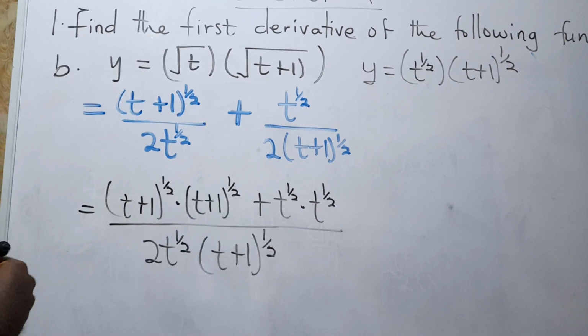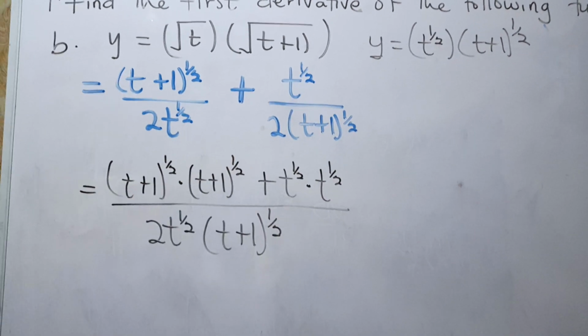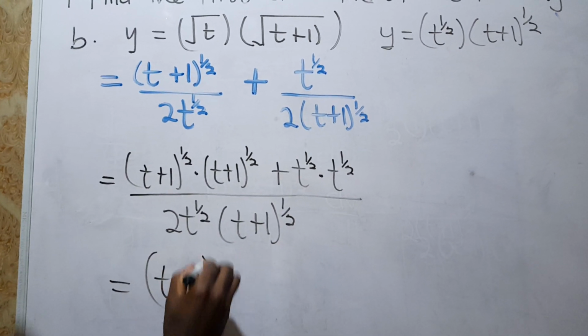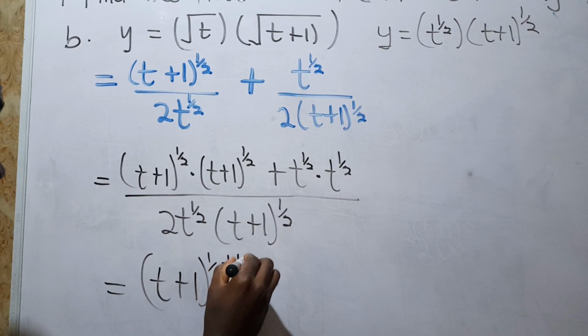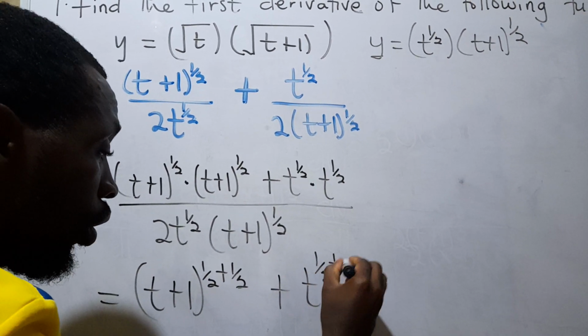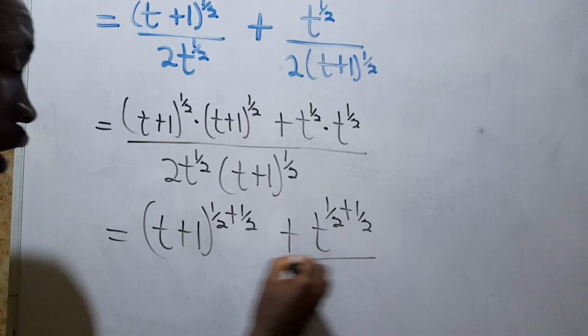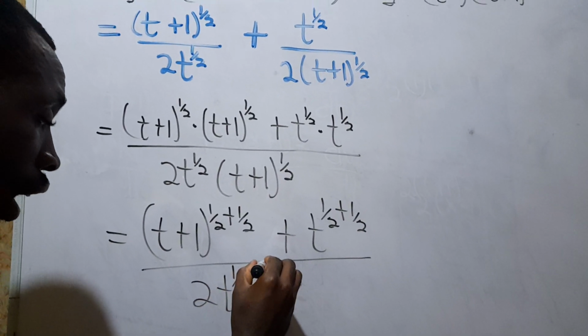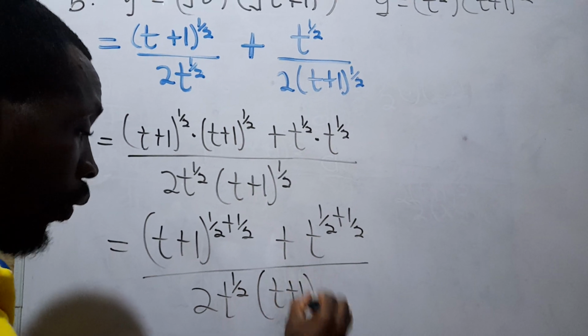Remember, these are indices with the same base. We just add the exponent. So we have t plus 1 exponent half plus half plus t exponent half plus half all over 2t exponent half, then t plus 1 exponent half.